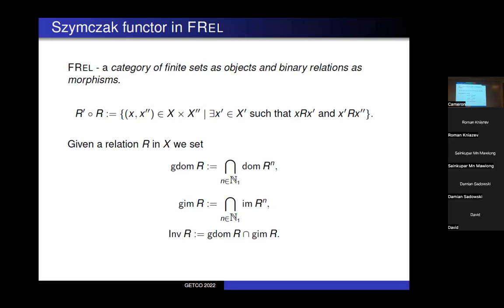The generalized domain is the intersection of the domains of all powers of the relation. The generalized image is the intersection of the images of all powers of the relation. And the invariant part is the intersection of the generalized domain and the generalized image.